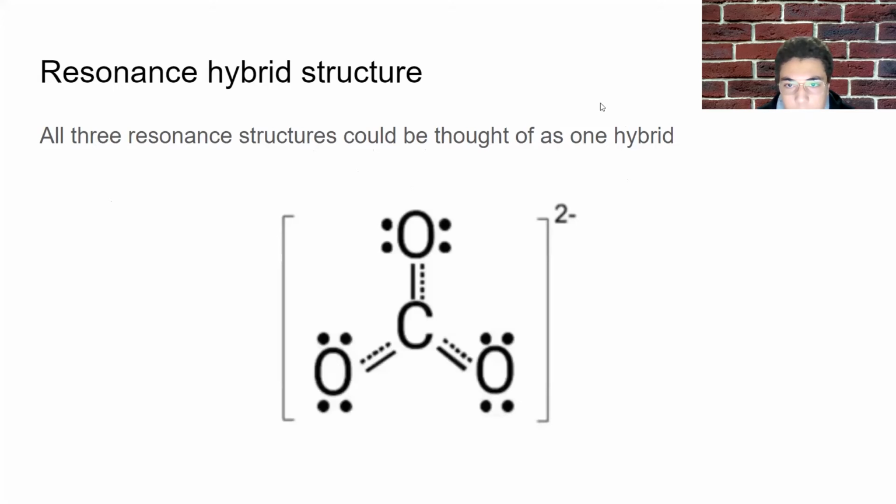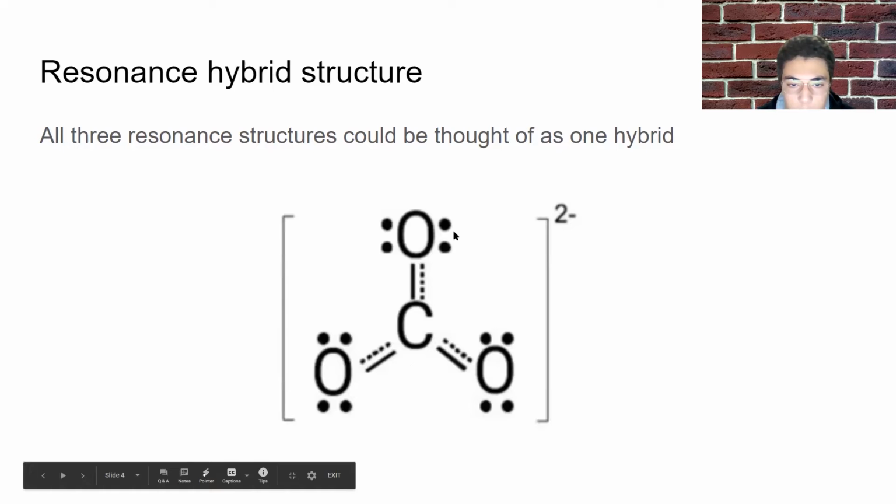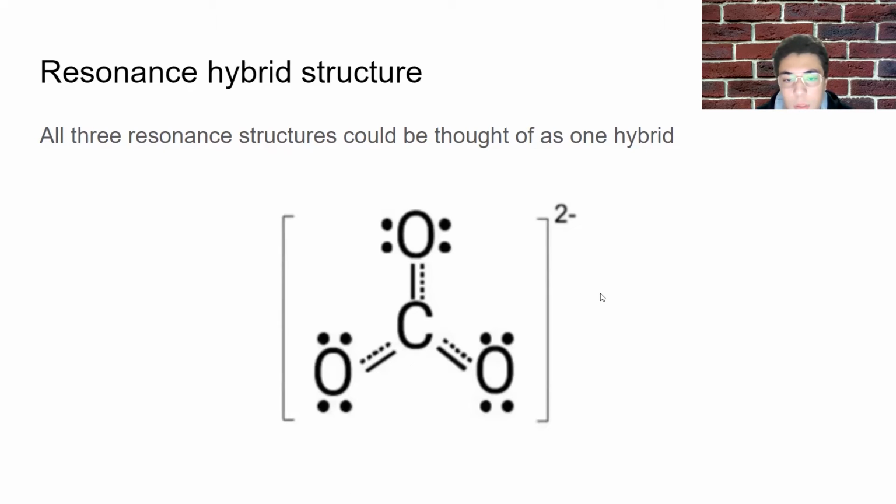All three resonance structures of carbon trioxide can be combined in one diagram like this by adding dotted points. These dotted points mean that only one can be added, and you can remove the two others, either this one or this one or this one.